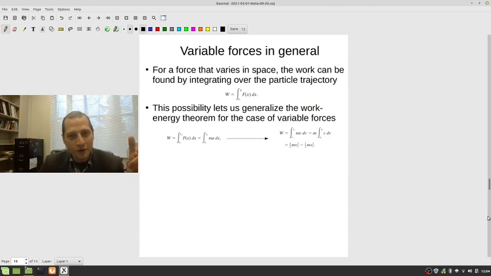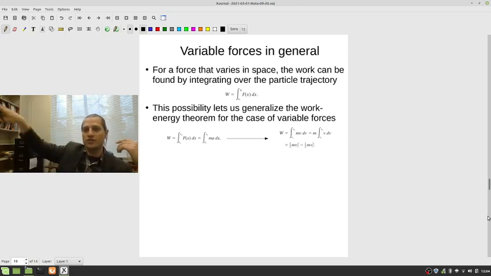So the spring forces are just one example of forces that vary in space. In fact, all of the intermolecular forces are forces that vary in space, like for instance, the Coulomb force between two charges. Or the gravitational force, in fact. If you go out at far enough distances, you can notice it varying in space as well.